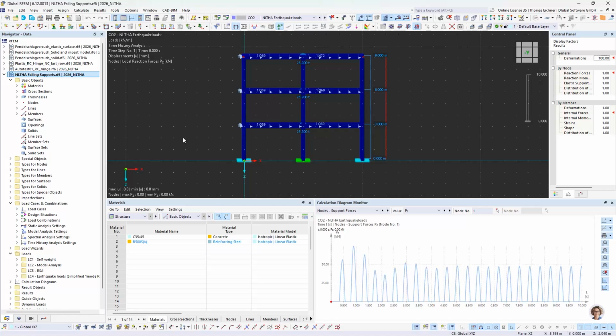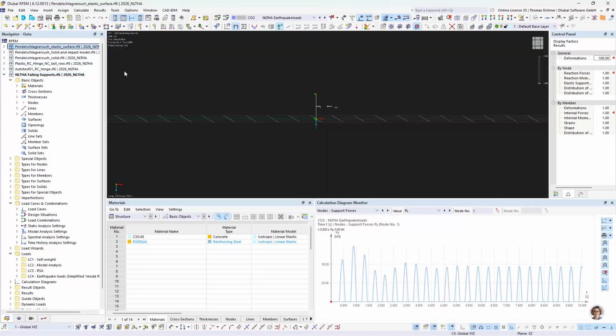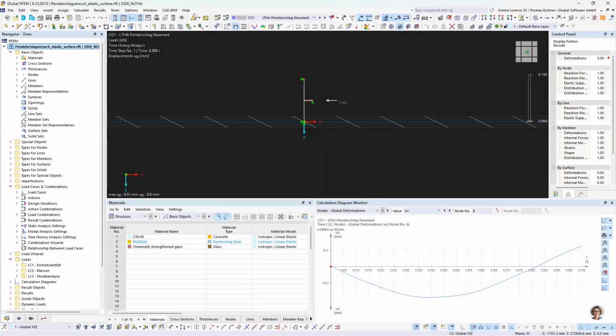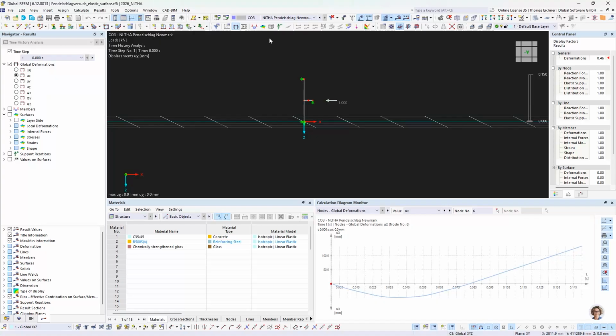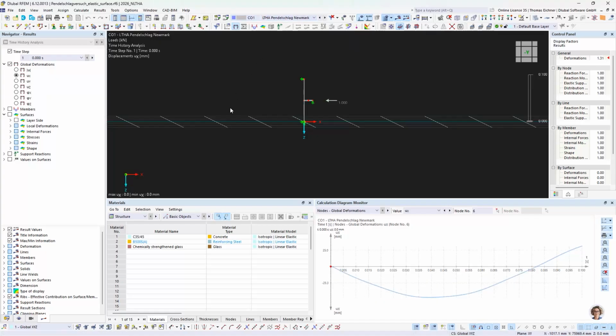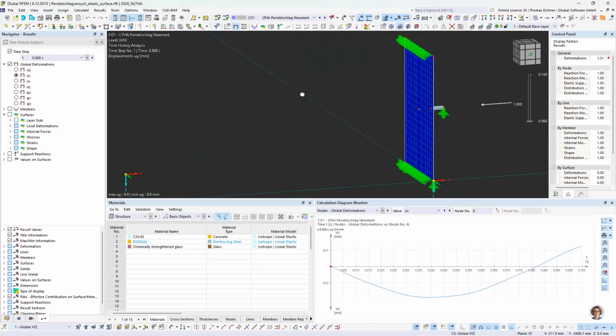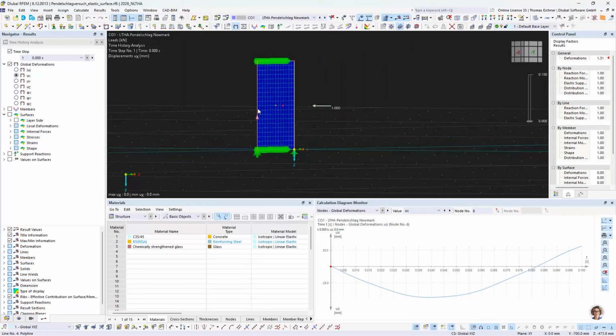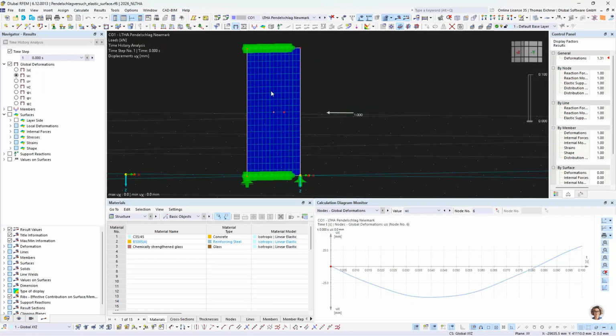For the good stuff, we have the pendulum impact analysis, or simulation in this case. Let's see first about the system. What we have there should be a glass surface.